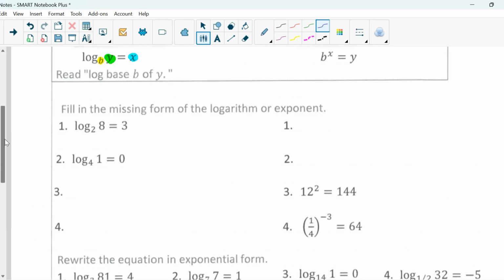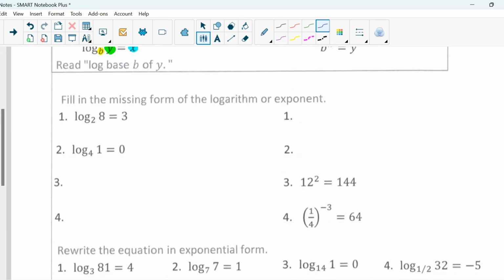So the first thing we're going to look at is filling in the missing form of a logarithm or an exponent. When you're going from a logarithm to an exponent, I like to think of this as the Amazon logo, where you take your base and your base becomes the base of your exponent on the other side.